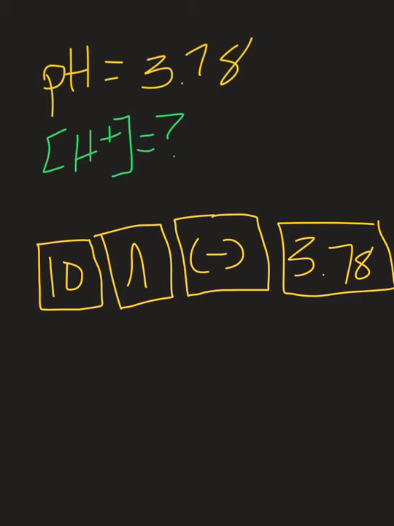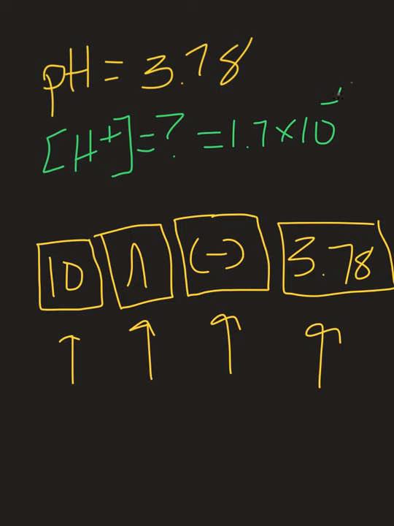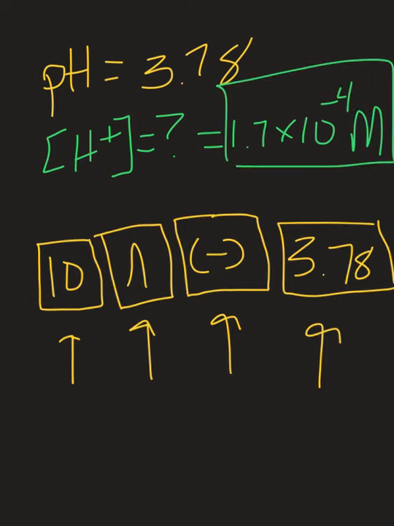Simple as that. 10, the little caret button, the negative symbol, 3.78, and then equals. And once you hit the equal sign, you should come up with 1.66 times 10 to the negative 4 molar. You round that to 1.7. Final answer. Simple as that.